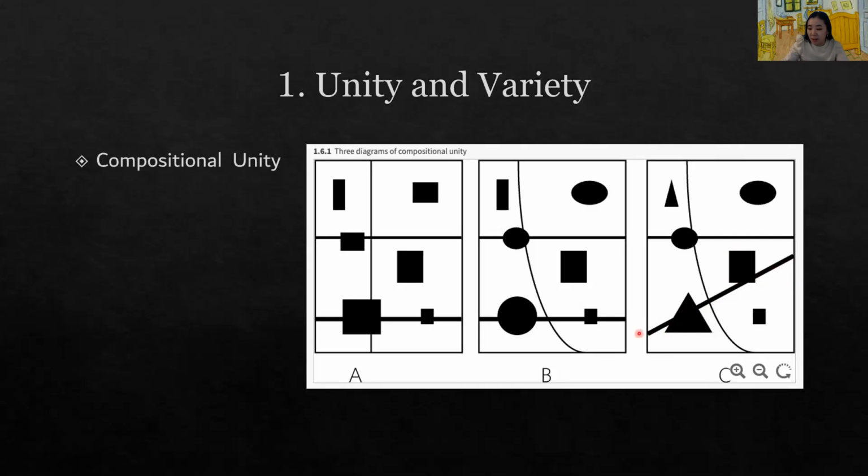This line connects these two shapes and makes a flow up to the similar shape. So that makes variety and unity at the same time in this composition. Many artists consider compositional unity when they make a work of art.